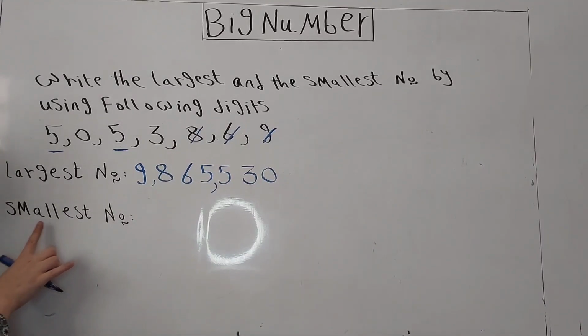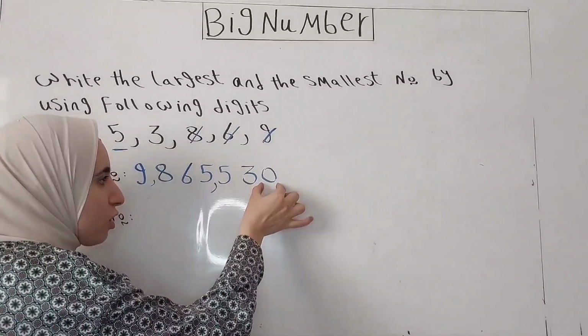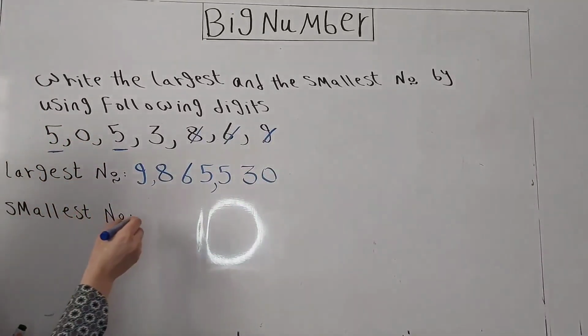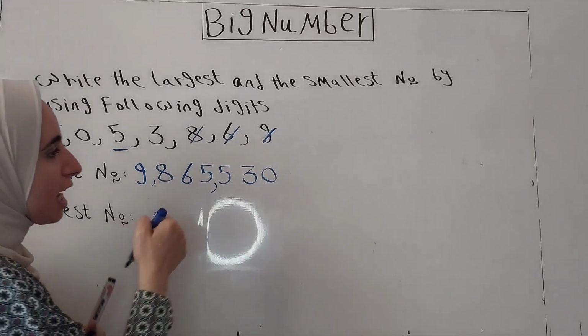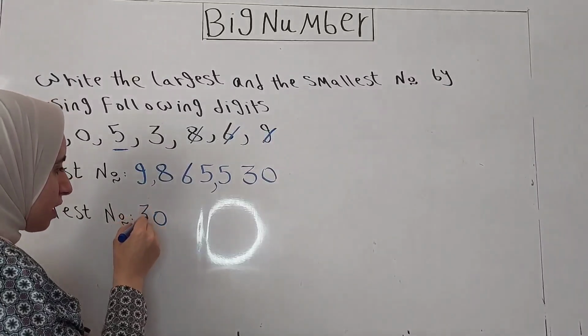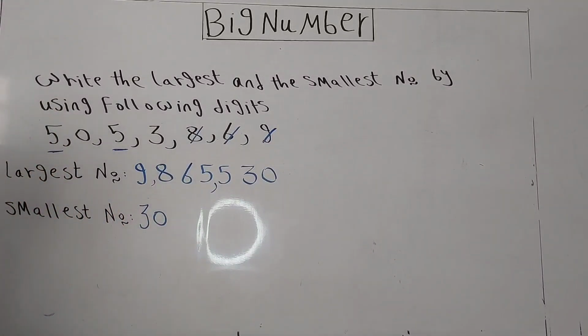Now the second one, the smallest number. We start from the smallest digit, which is 0. But 0 on the left has no value. So we write the next smallest digit, which is 3. Then we write 0.